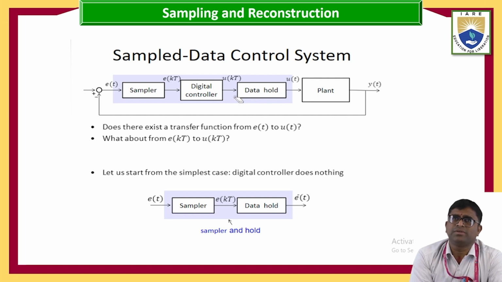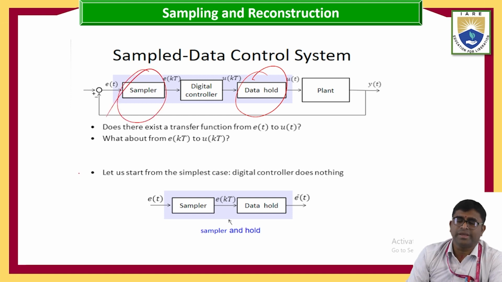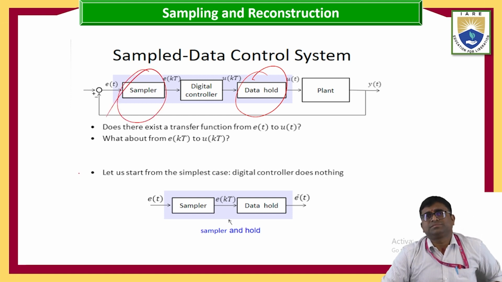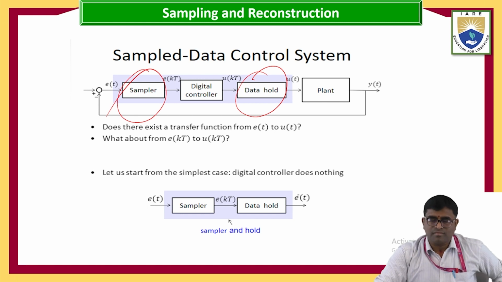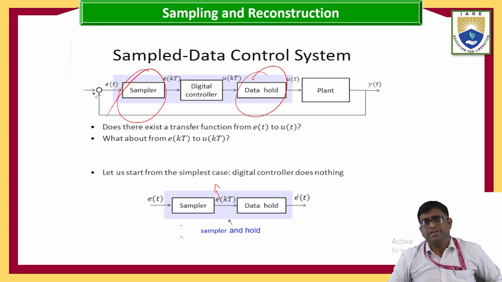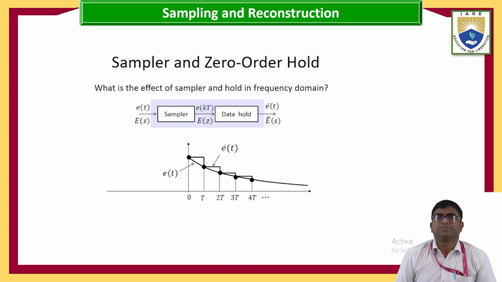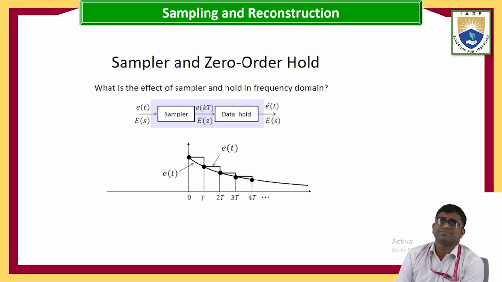The sampler output is given to the data hold, and the digital controller sits between them. See here, sampler and zero order hold equations.